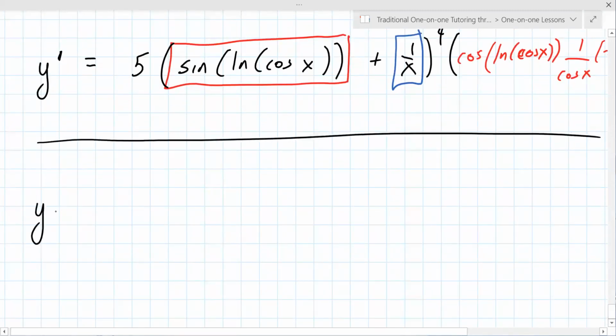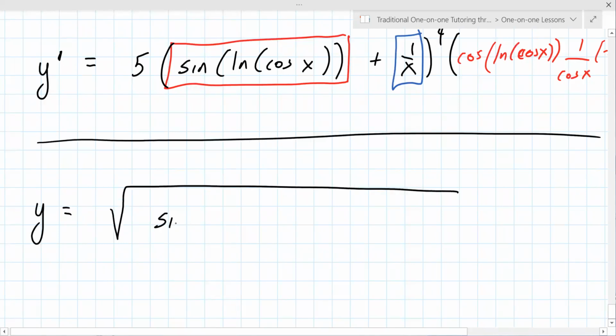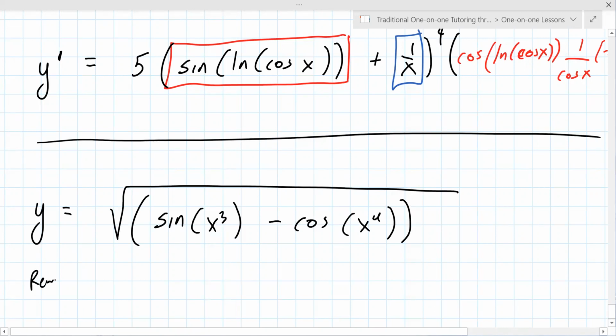Let's say y equals the square root of sine of x cubed minus the cosine of x to the fourth. Okay. So this requires a rewrite step. And I said earlier, the square root of x equals x to the 1/2.